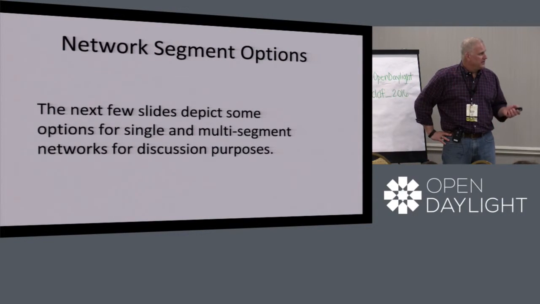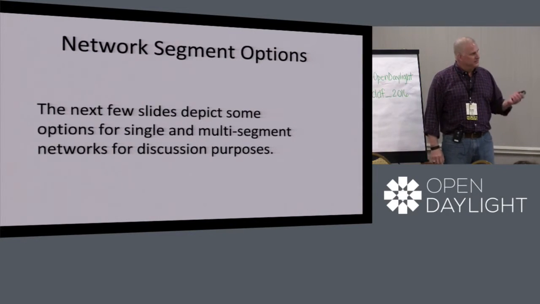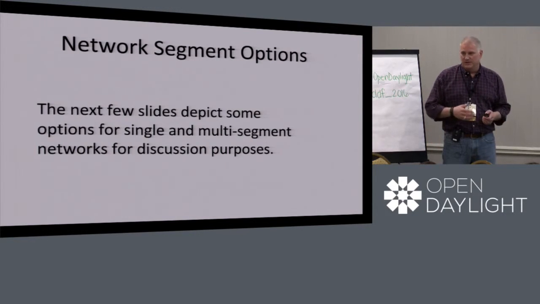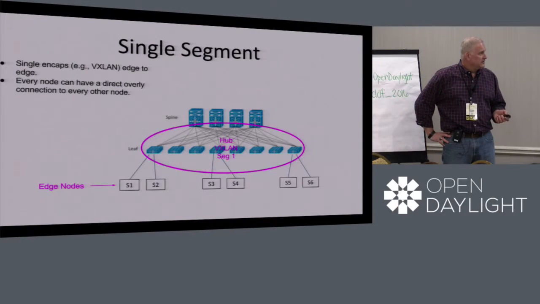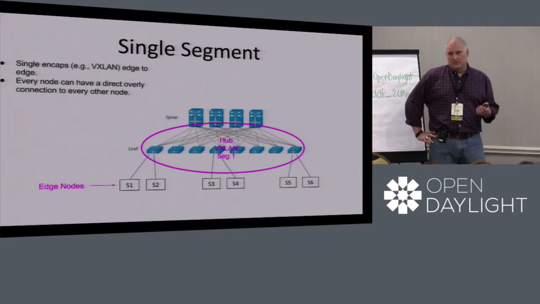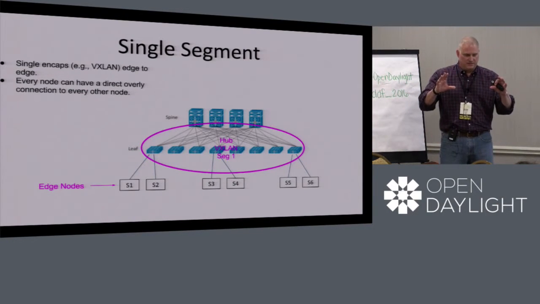So one of the things in going through this was looking at how to handle multi-segment networks and more generic topologies. These are just some ideas I put together. Right now within NetVirt, we pretty much assume a single segment.